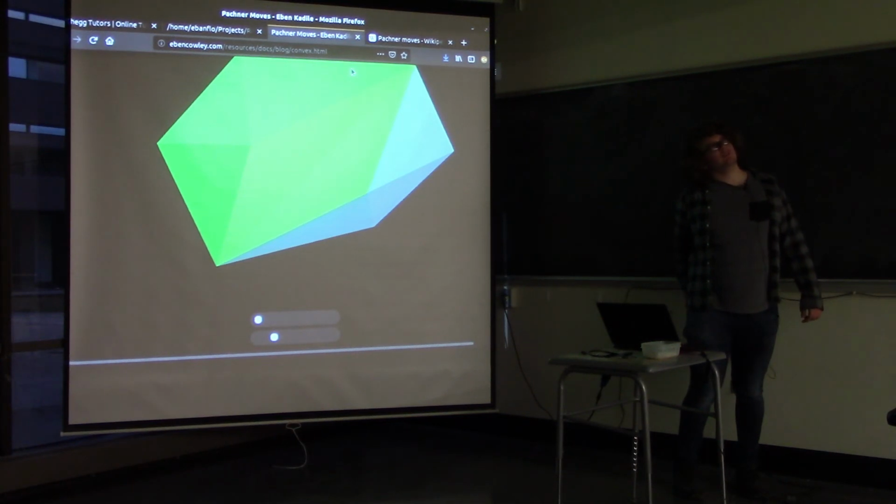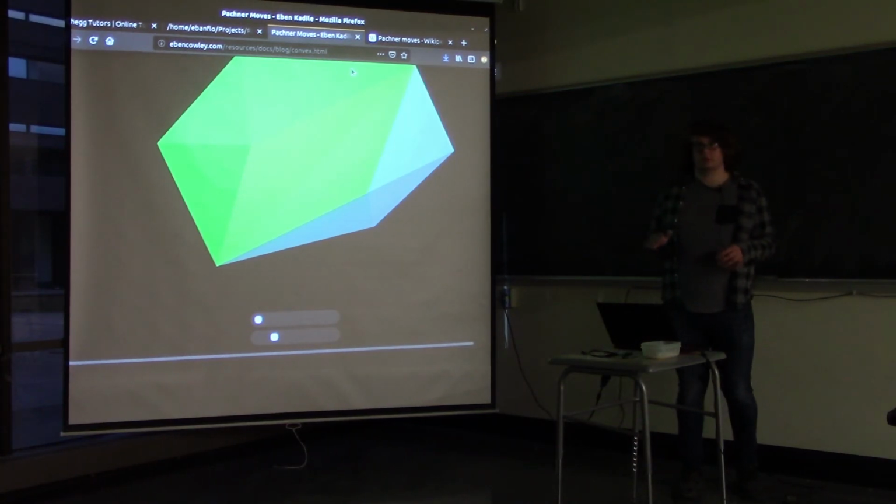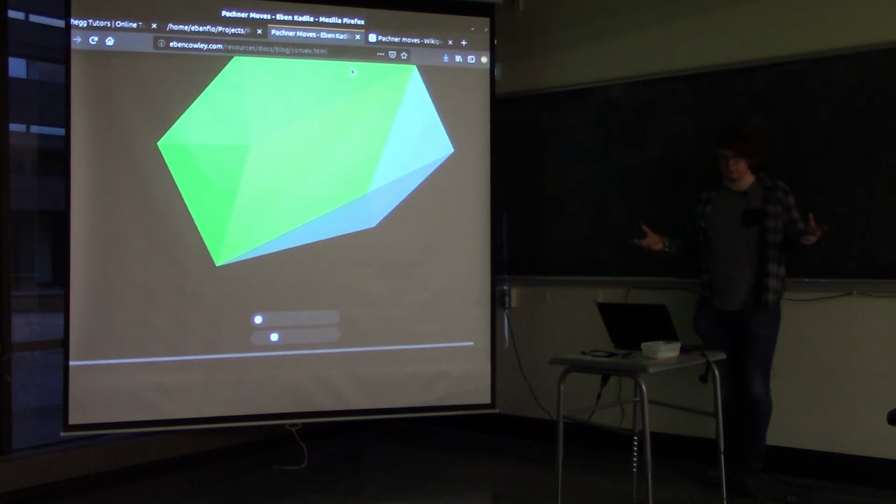I'm not completely sure. I mean, you could always just reduce what's going on with each Pachner move to the graph of edges, and then you would get moves in terms of graphs. I'm not sure if that'd be useful for graph theory though. Hopefully that answers your question.